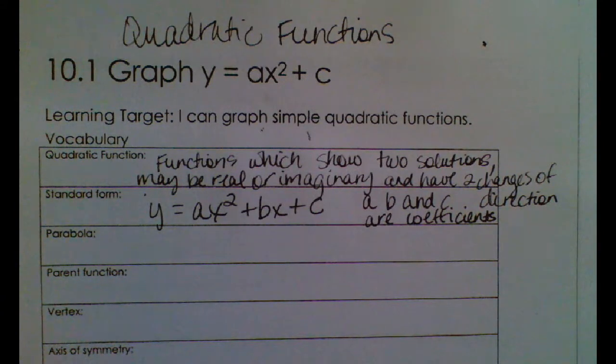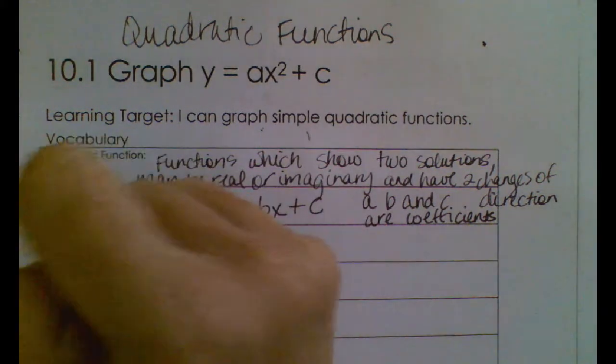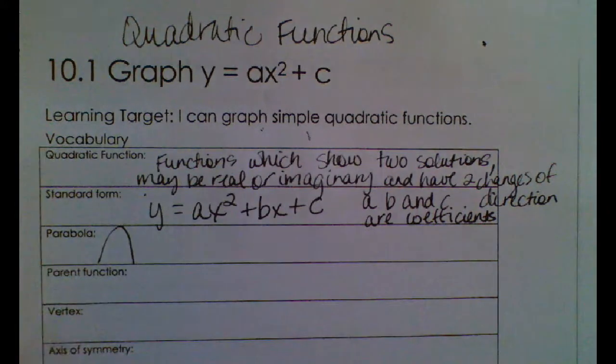Who can give me a good definition of a parabola? Or tell me what they look like? They go up and then they go down. What could they also do? They arc. They definitely have an arc. If they can go up and then go down, is there a time where they could go down and then go up? Yes.